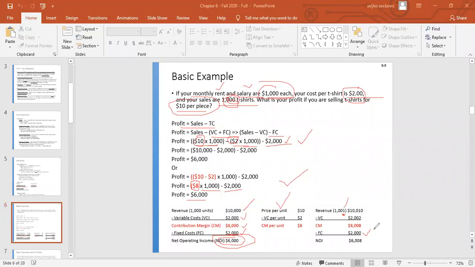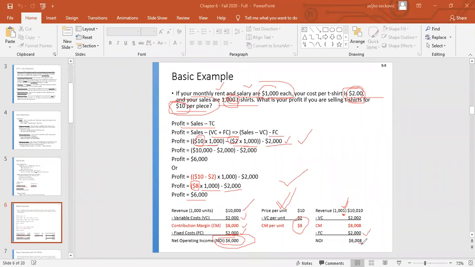Now, what's changed? Well, one single more unit. That one single more unit will cost us $2, but we will sell it for 10. So we will make 8. That's exactly here per unit, right? So $8 for one unit. How much will your new profit be?